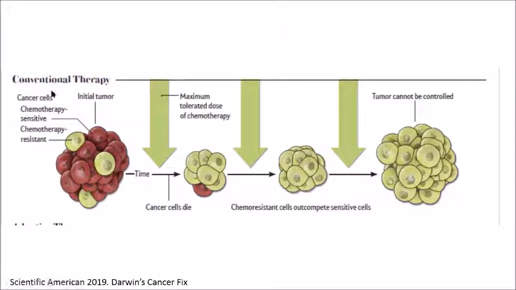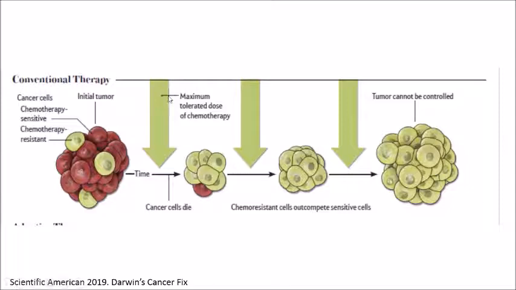A conventional cancer therapy or chemotherapy, chemotherapy just means to use drugs as a therapy, would be to give a patient a maximum tolerated dose. So how much of the drug can you give the patient without making the patient too sick? Because there tend to be lots of side effects with chemotherapy drugs because they're designed to kill human cells, right? It's hard to have them target just cancer cells, and so some healthy cells often get killed as well.